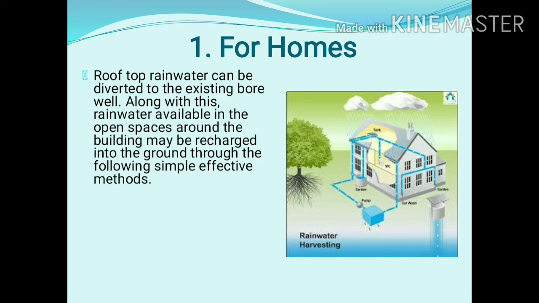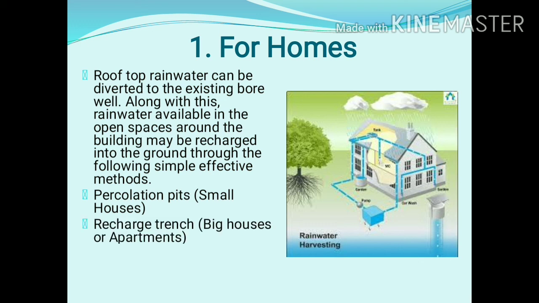Along with this, rainwater available in the open spaces around the building may be recharged into the ground through the following simple, effective methods. Number 1 is percolation pits for small houses. Second is recharge trench for big houses or apartments. Next is recharge wells for large buildings or industries.